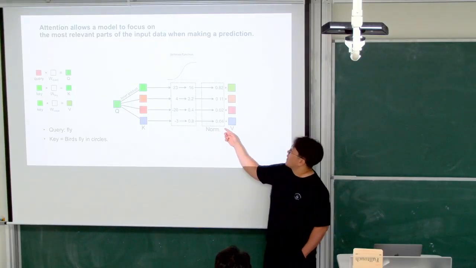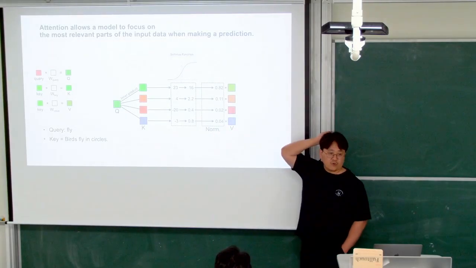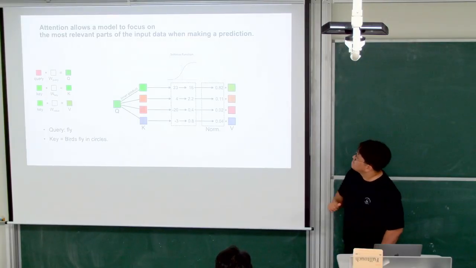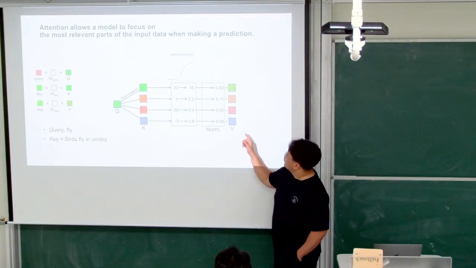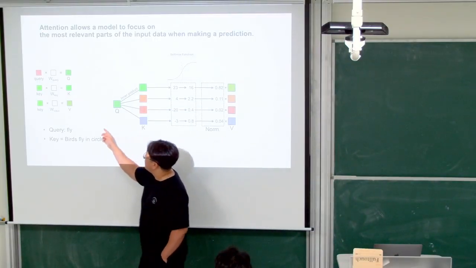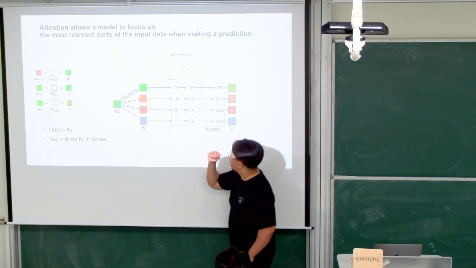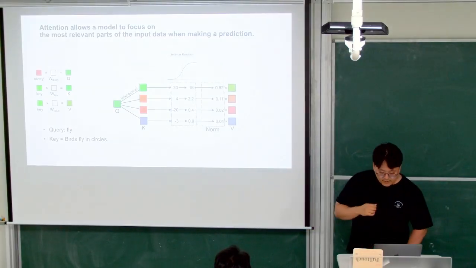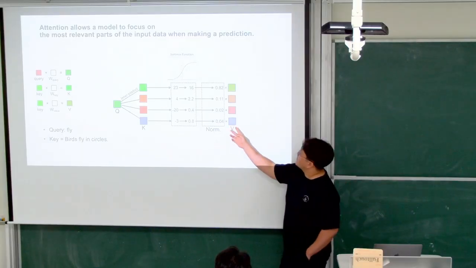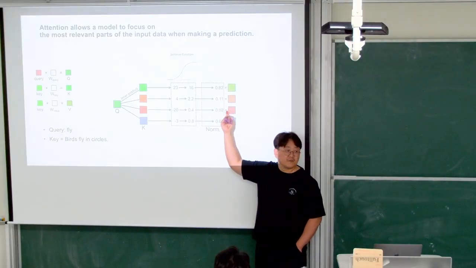Now we have this normalized score, and we also have the value tensor, right? This is nothing but a weighted sum.